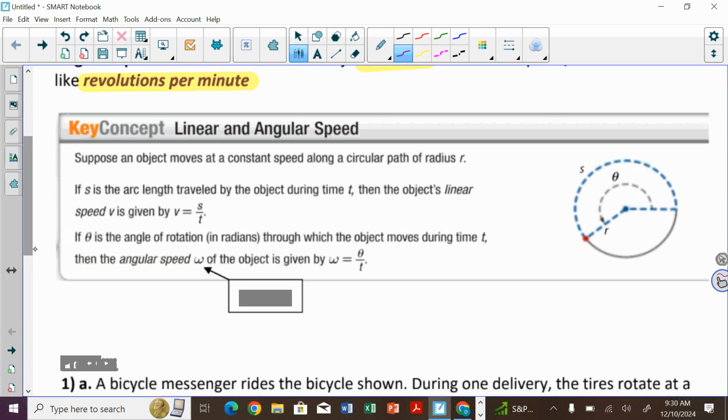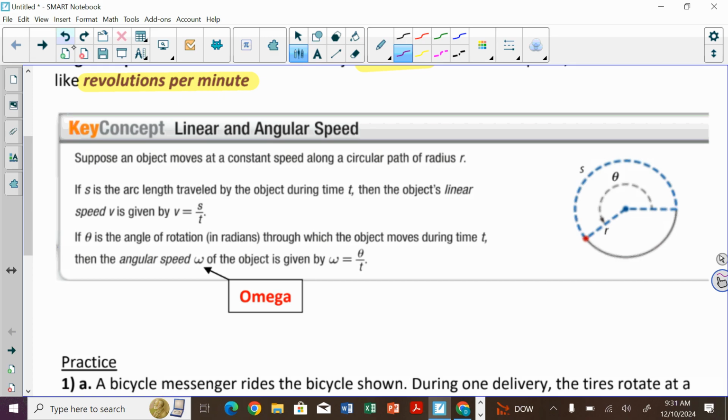So suppose an object moves at a constant speed along a circular path of radius r. It's going along the circular path. If it travels around and around, what would it be doing? In that case, s is the arc length, and we can talk about the speed, which we'll call v for velocity.